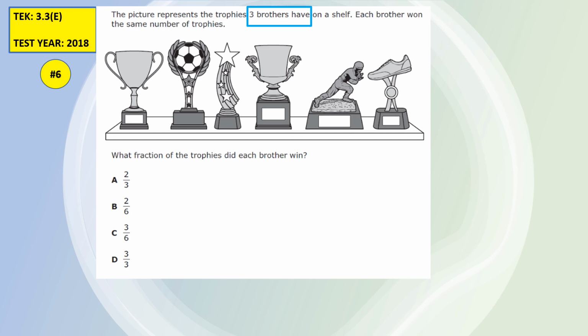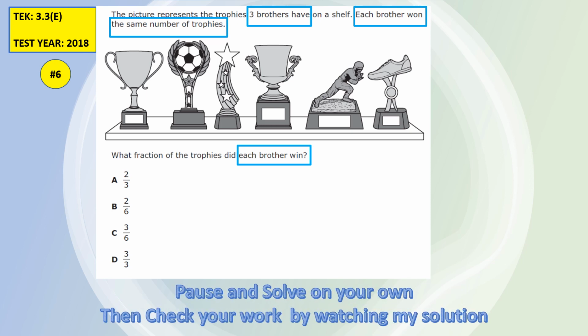So, 3 brothers. Each brother won the same number of trophies. So we're focusing on those things. What fraction of the trophies, remember, did each brother win? Go ahead, pause the video, and solve on your own. Then check your work by watching my solution.